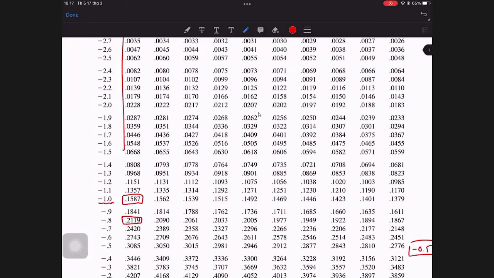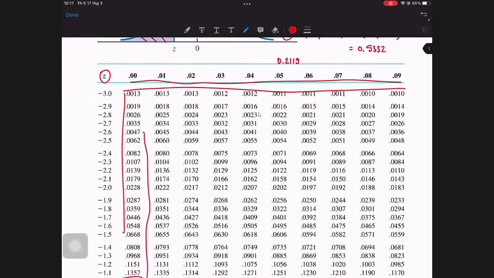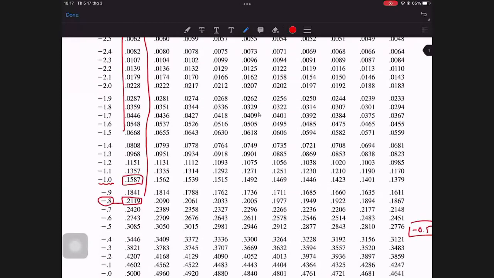Once you find this, you can just move along that row to find this value here, and move up here to find the second decimal value. So here the second decimal value is 0, and the value that we are looking for is minus 0.8. Okay, so this is how you find this value.